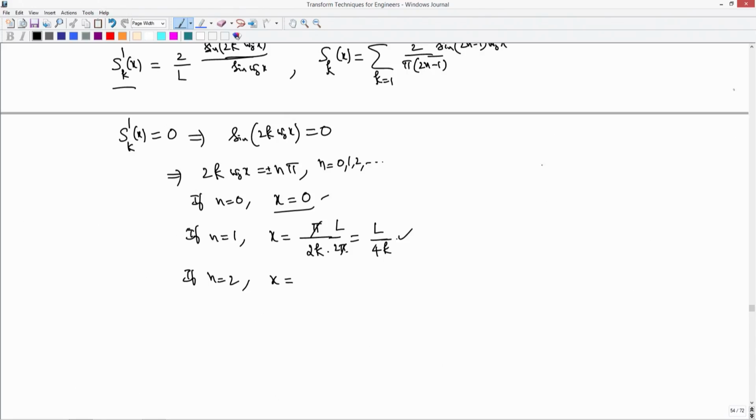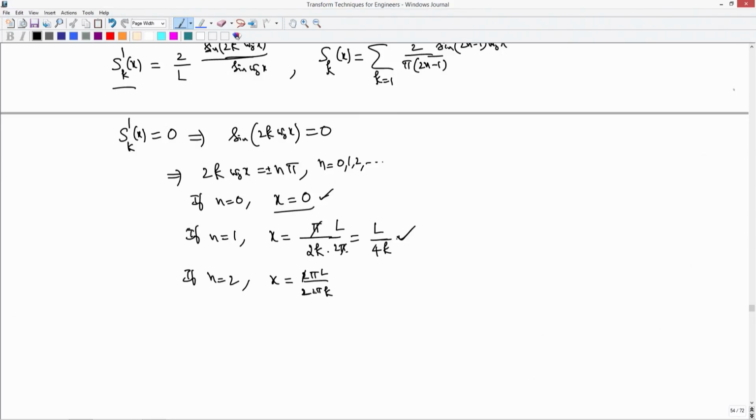On the positive side, at x equal to 0 you have a critical value, and at x equal to L by 4k you have another critical value. When I take n equal to 2 with positive sign, what I have is 2 pi by 2 w naught, 2 pi by L into k.